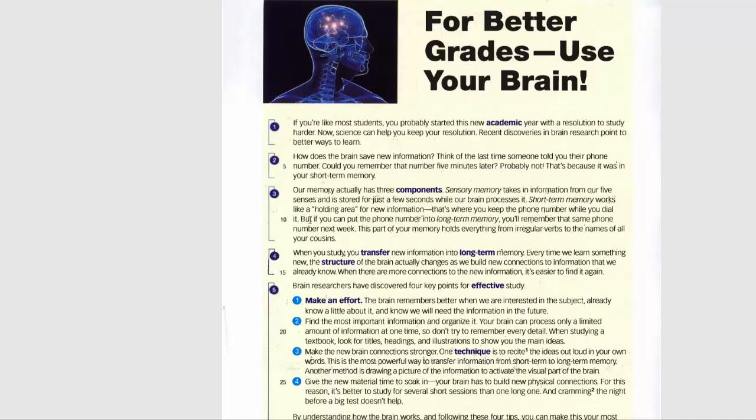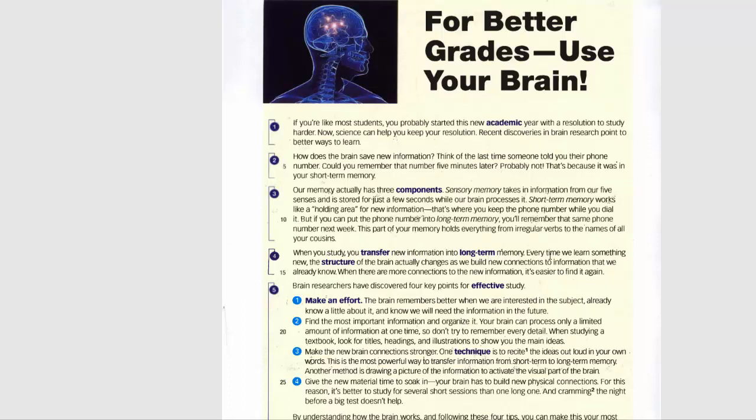But if you can put the phone number into long-term memory, you will remember that same phone number next week. This part of your memory holds everything from irregular verbs to the names of all your cousins. When you study, you transfer new information into long-term memory.